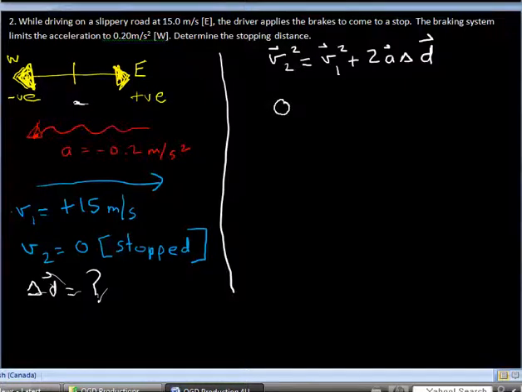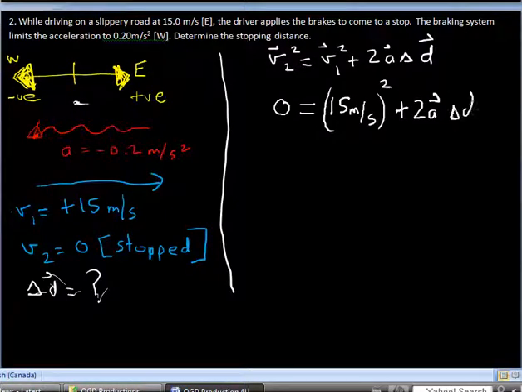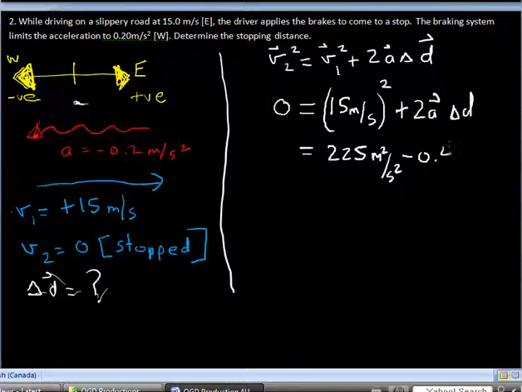So putting in the values, 0 is equal to 15 meters per second, squared, plus 2 times the acceleration times delta d. That's going to be 225 meters squared per second squared. I didn't know the acceleration. The acceleration is going to be minus 0.2. So when I multiply that in, I get minus 0.4 meters per second squared times delta d.